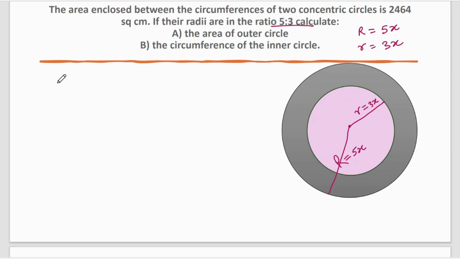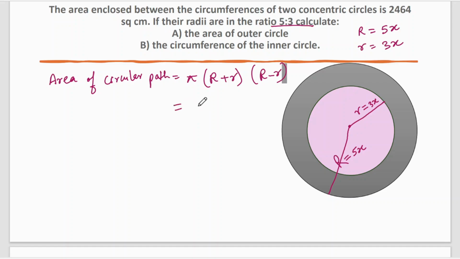Now area, what is the formula for area? Pi, and we are finding the area of the shaded portion, so you don't get confused, I'm writing area of circular path. Circular path is nothing but pi (R plus r)(R minus r).